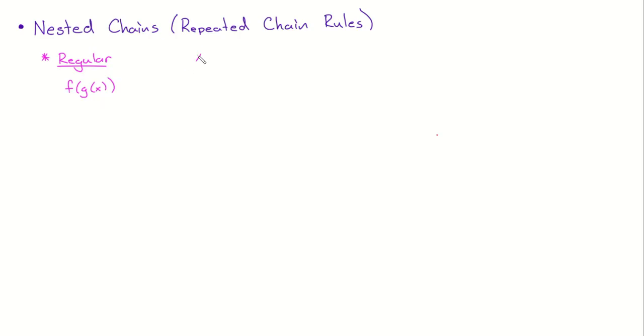Now, if we nest this, and these are the types of problems, and it's pretty much just examples today, we get so much cooler than f of g of x because we can start considering things like f of g of h of x instead. All that we are doing when we do repeated chain rules or nested chains, we are just seeing more than two functions composing through.